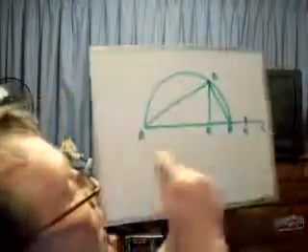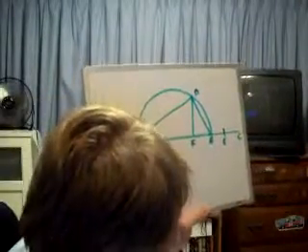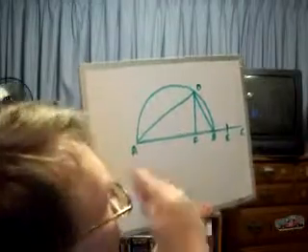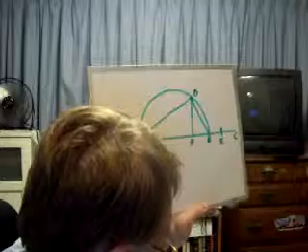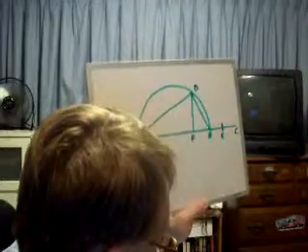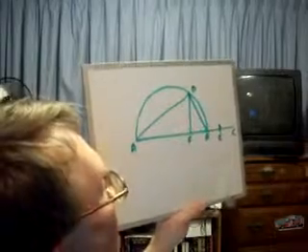But the rectangle ABFD is equal to the rectangle ADDB. So we made a rectangle ABFD, and then we made a rectangle of AD and DB.